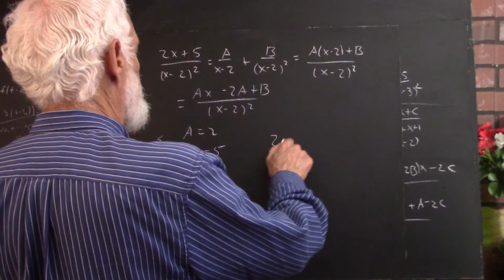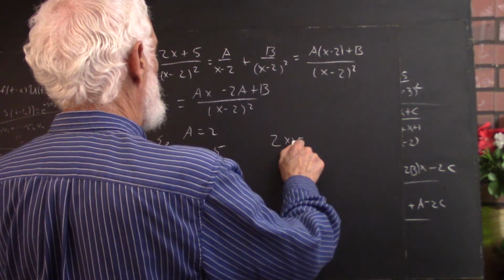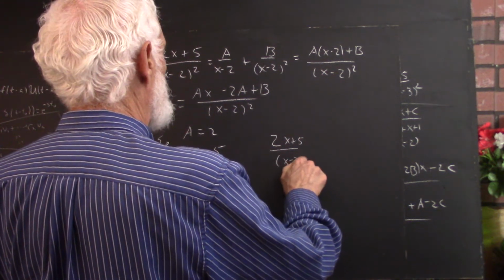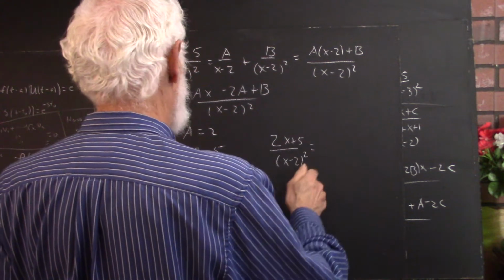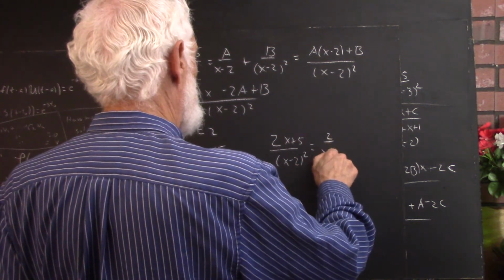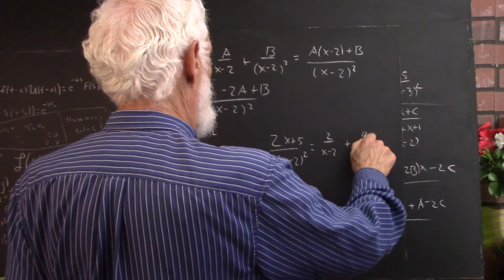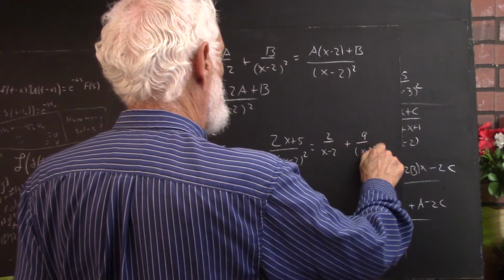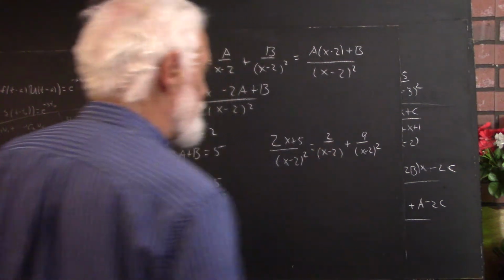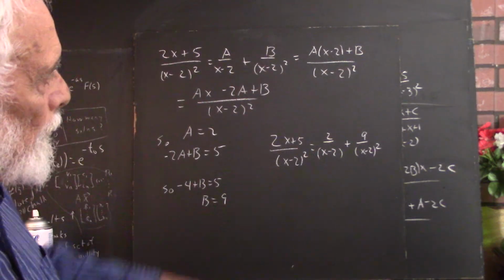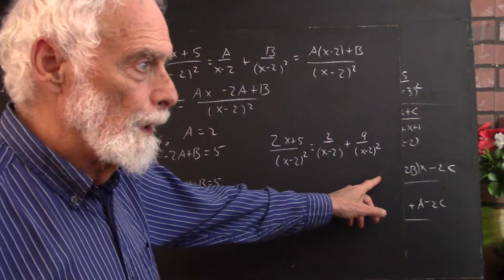And our conclusion is that 2x plus 5 over (x minus 2) squared equals 2 over x minus 2 plus 9 over (x minus 2) squared. And now we have a decomposition.